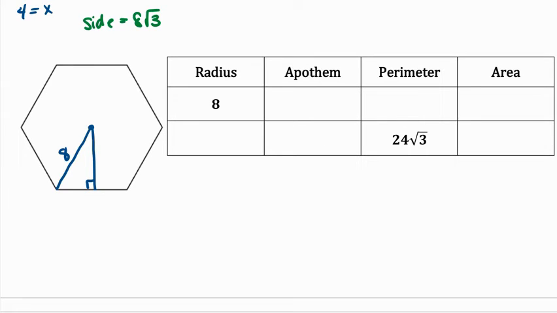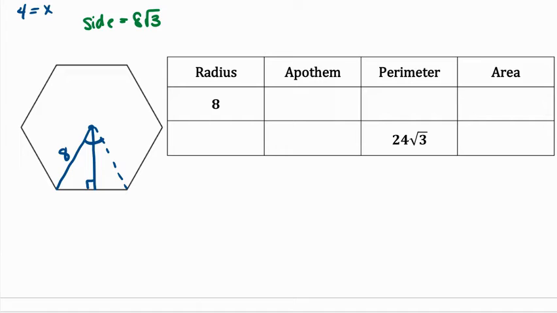For our polygons, sometimes it's easier, instead of thinking about this angle down in the corner, if we think about that central angle up on top. So if I draw in another radius here, and then I think about that central angle, remember your central angle is 360 divided by the number of sides.